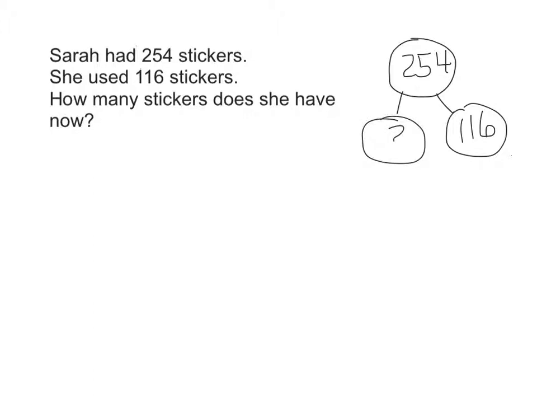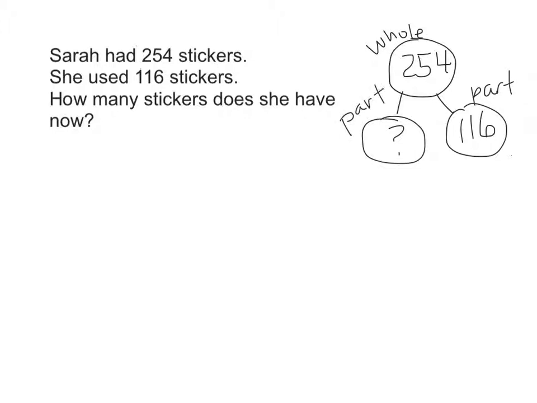Well, no. But we're going to find out, because if we have a part that's missing, boys and girls, what do we do? You're like, well, when I have both parts, I add to find the whole. But when you have a part that's missing, we do the opposite of adding, and that's subtracting.